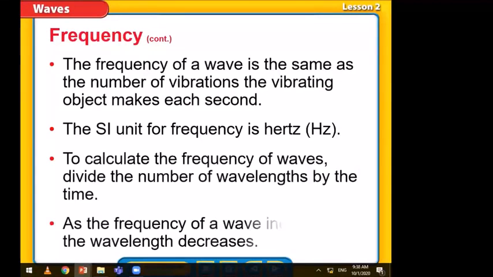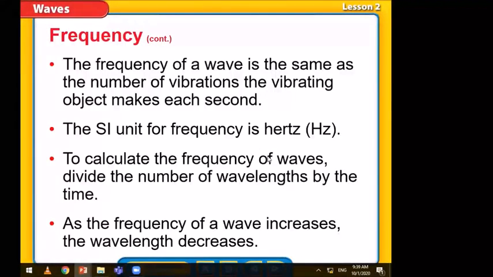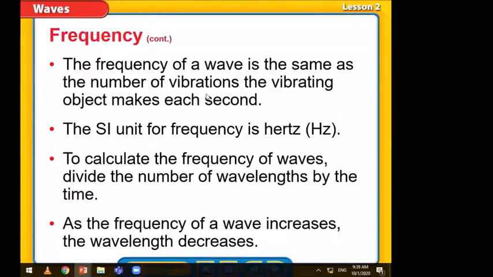Frequency is related to how rapidly objects produce sound or produce the wave itself. So when we vibrate more, or we have more vibrations, that means more wavelengths, which means more frequency.